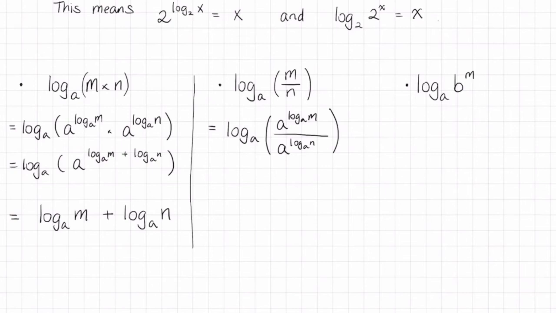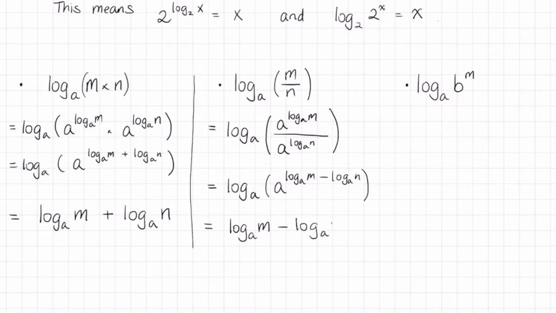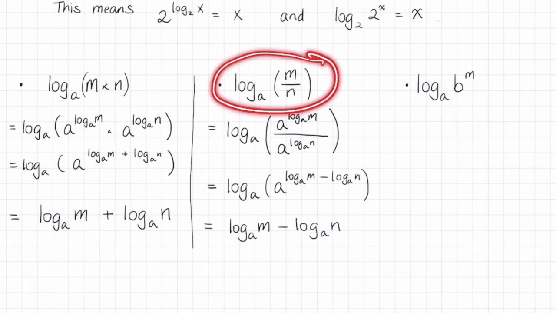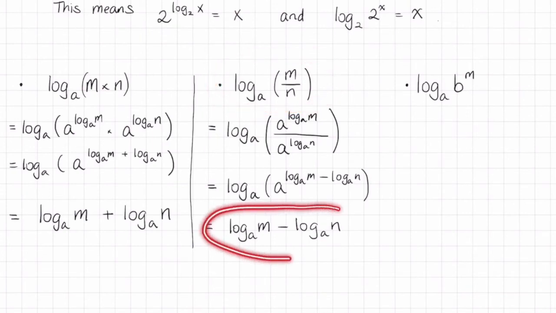And then using our properties of exponents, I'm going to write it as log base a of a to the power of log base a to the m minus log base a to the n. And for the same reason as before, it's just going to be log base a to the m minus log base a to the n. So what we see is that log base a of m over n is going to be log base a of m minus log base a of n.